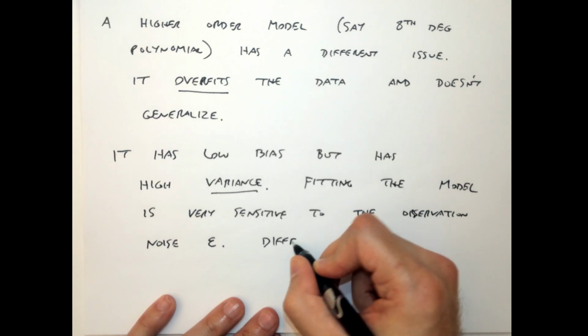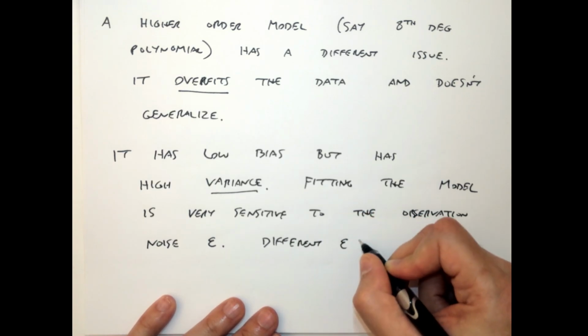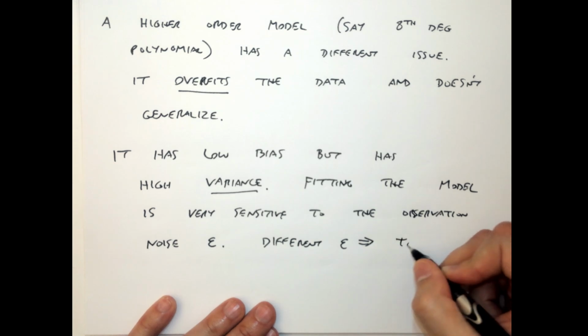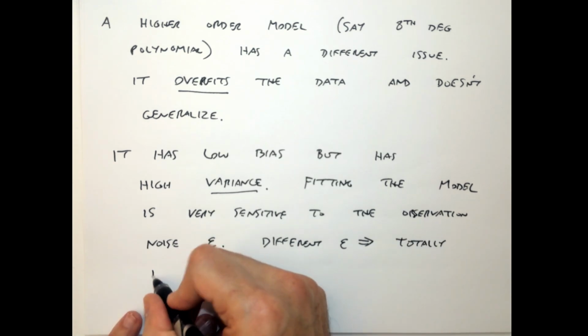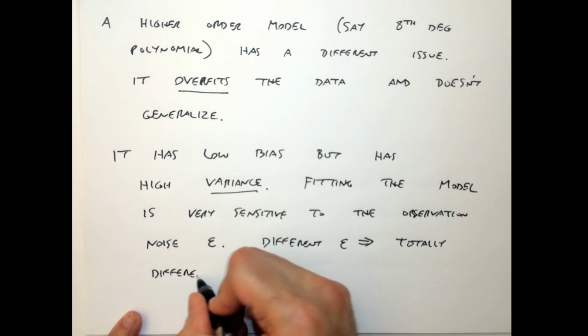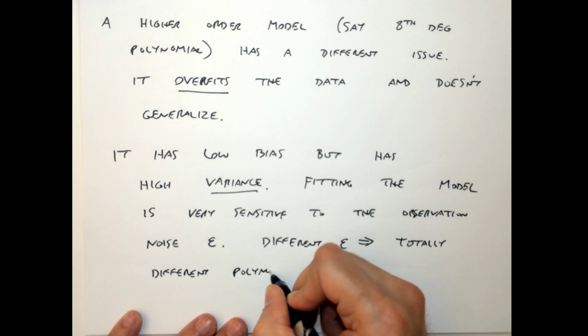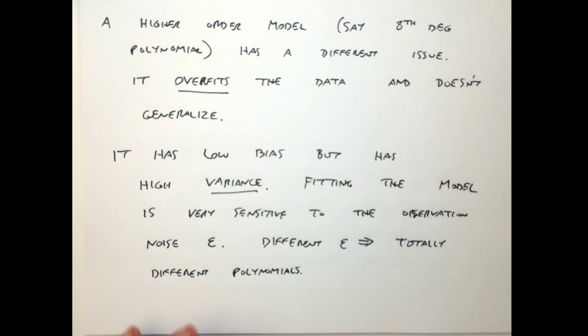So basically, if I had different noise, then I would have totally different polynomials. So this variance is like the variance of the Gaussian, but it's the variance of the model. In a way, what this is saying is that we can measure the amount of variation that we would expect if we train the model on different sets of data, right?